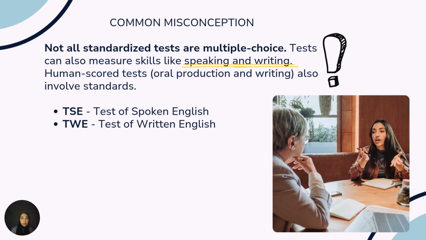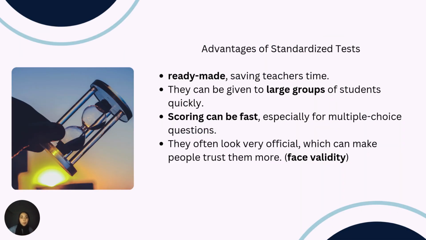These two testing types are standardized testing, but they're not multiple choice. One of them is for writing, one of them is for speaking. So we cannot say that standardized testing is multiple choice testing.